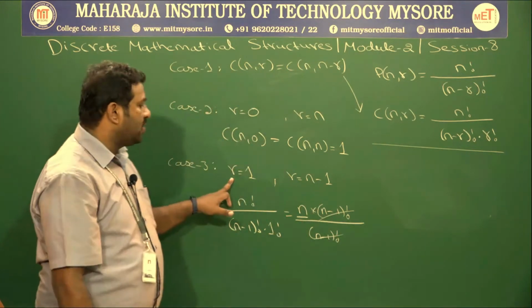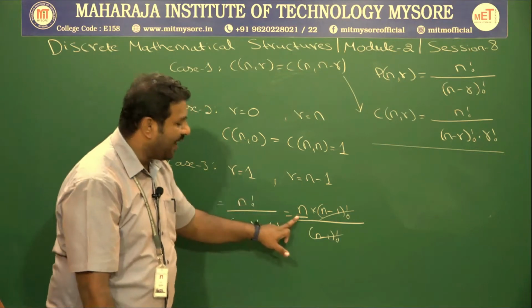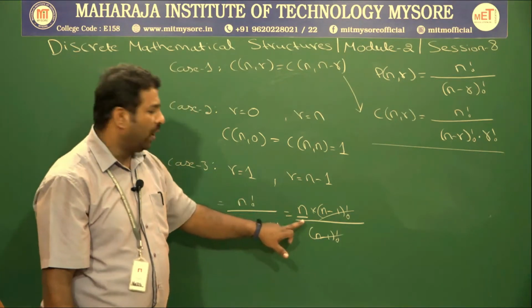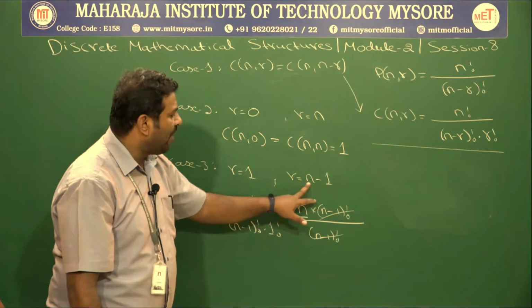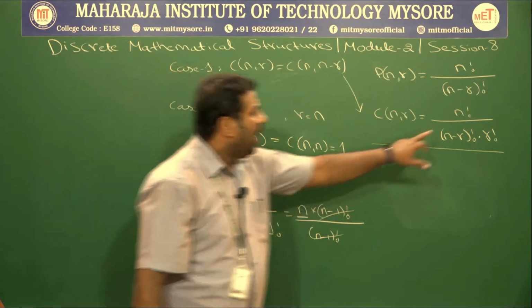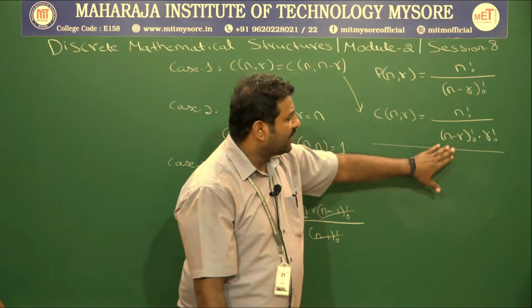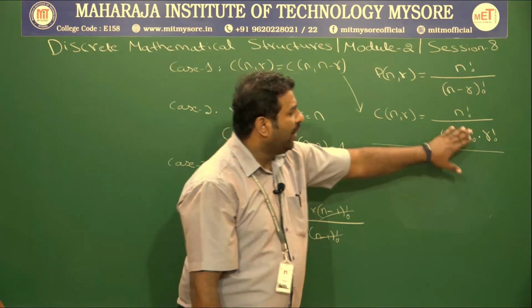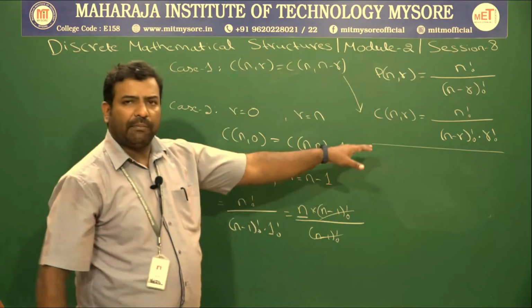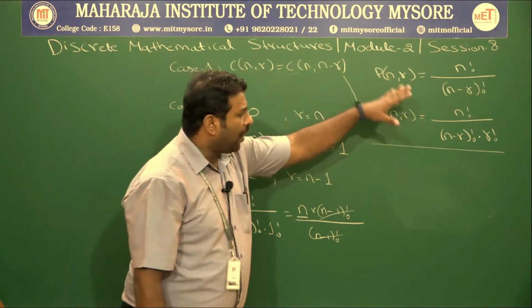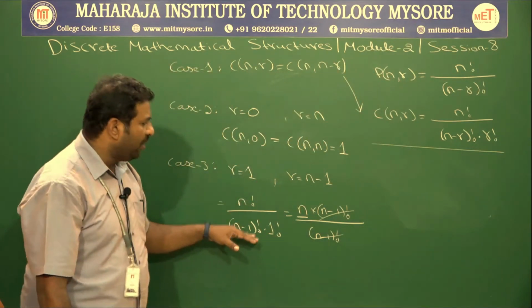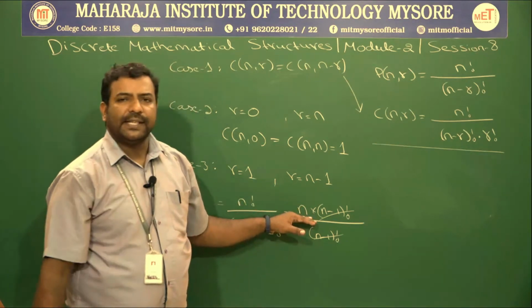So whenever r is equivalent to 1, directly I can say it is going to be n. Similarly, if I have r equals n minus 1, n minus 1 gets cancelled, I remain with 1 factorial into n minus 1 factorial, and n factorial divided by n minus 1 factorial is represented as n.